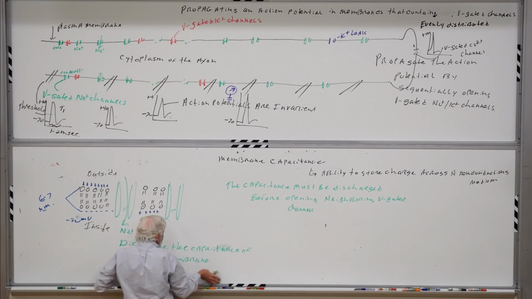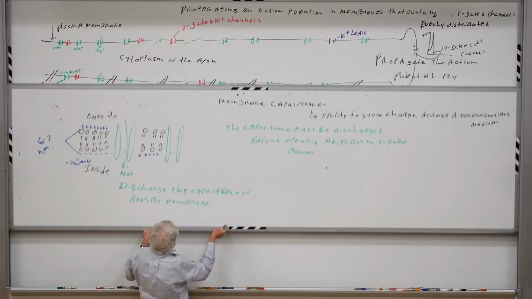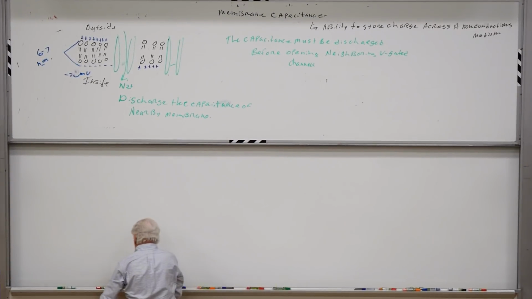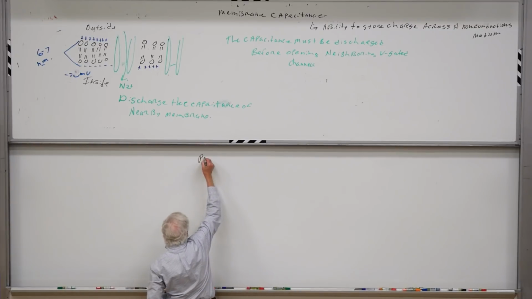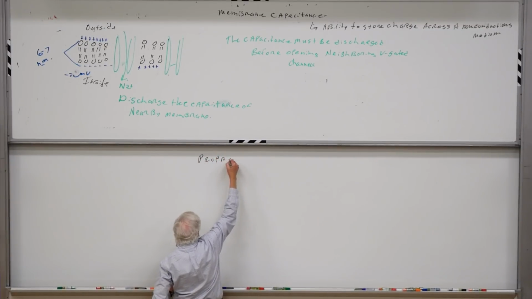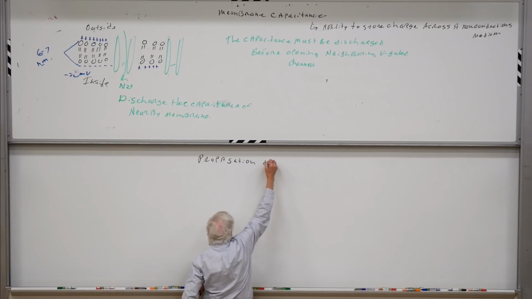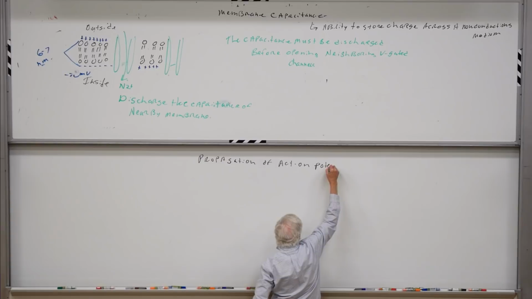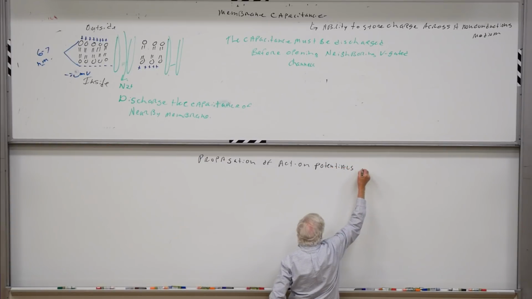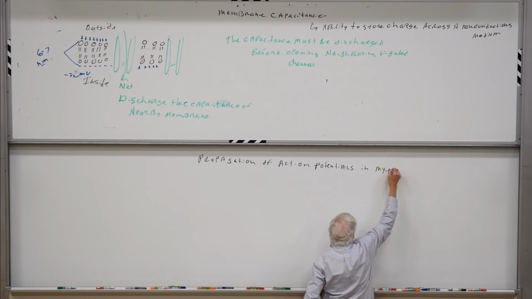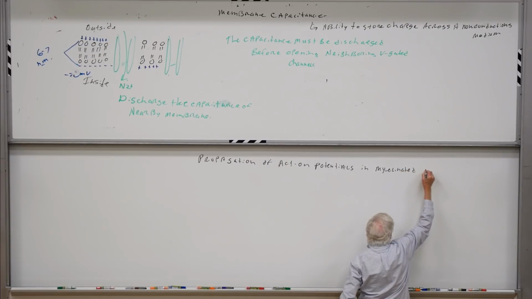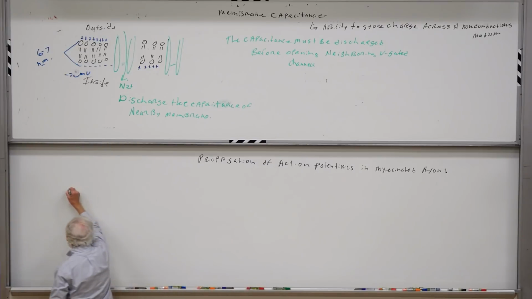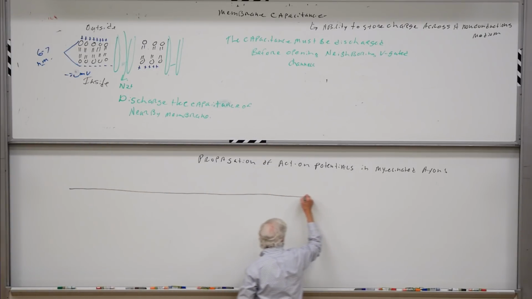Well, let me solve the problem on the backboard. The way we solve the problem is to think about propagation of action potentials in myelinated axons. So we draw the same pattern as above, two parallel lines.